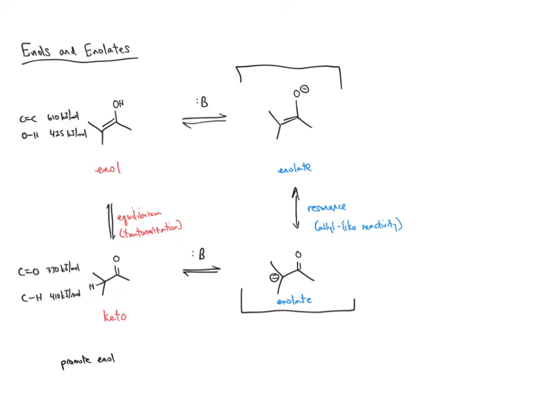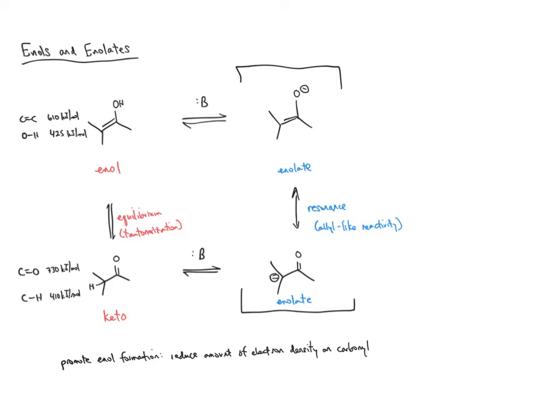Right, so in order to promote enol formation, you can do the following. You can reduce the amount of electron density on the carbonyl. And so why would you do this?